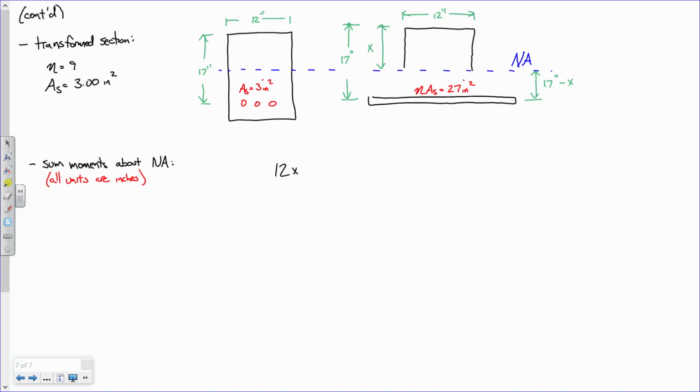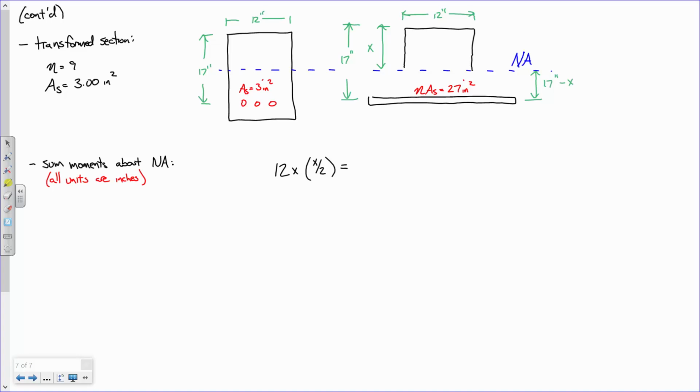Now, how far is the centroid of that box from the neutral axis? x over 2. So if we're saying area times moment arm, this is a lot like finding a centroid, right? Sum of Ax over sum of A. It's basically the same thing. So 12x times x over 2. Now I propose that that moment contribution must be equal to the moment contribution provided below the neutral axis.